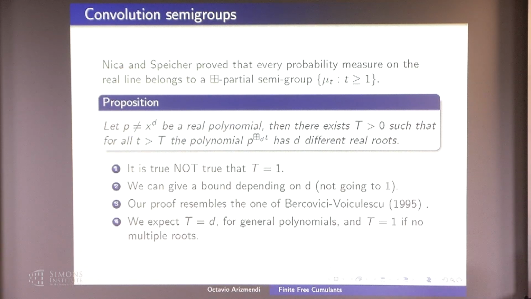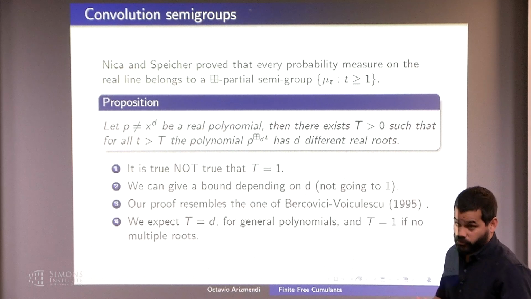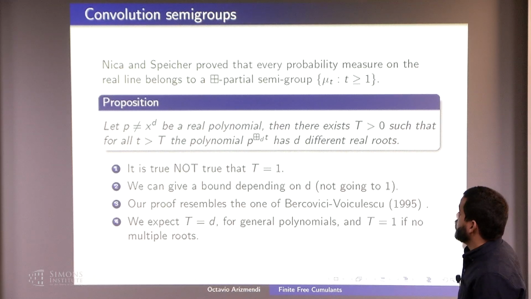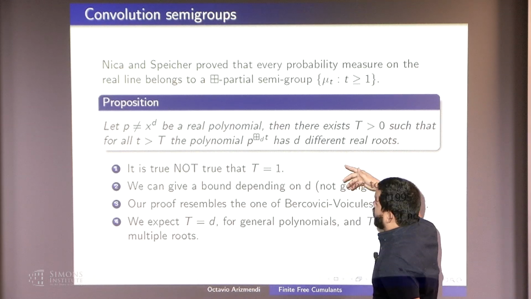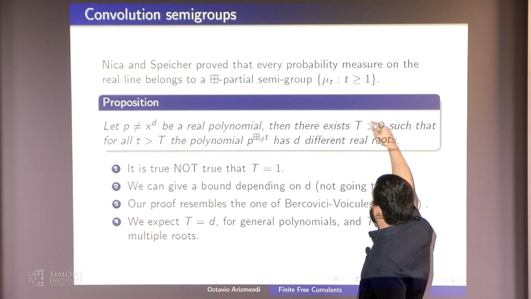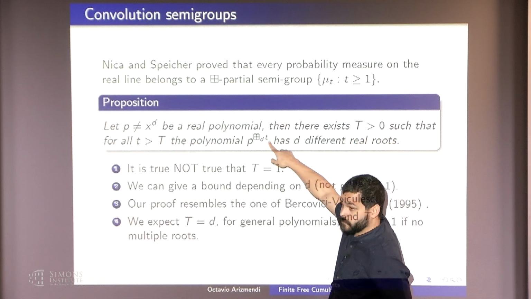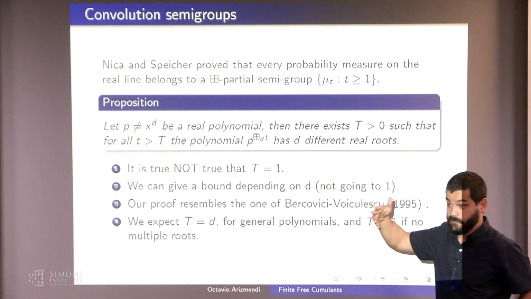But another property that is true in free convolution, which is not true in classical convolution, is that in fact I can talk about mu t, meaning mu to the power t, for all t bigger than 1.